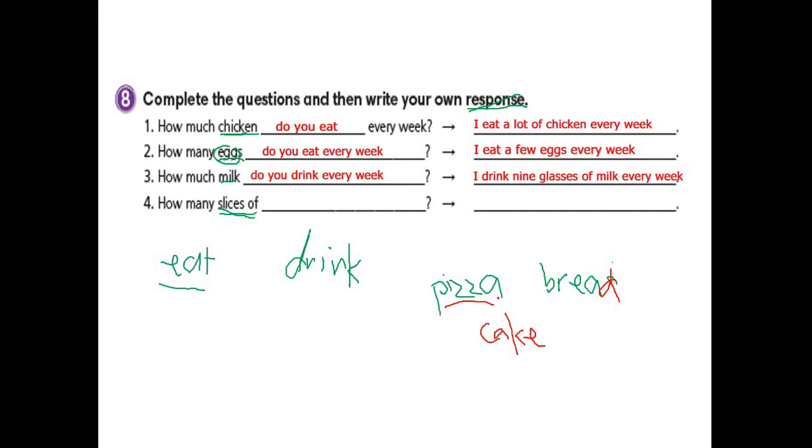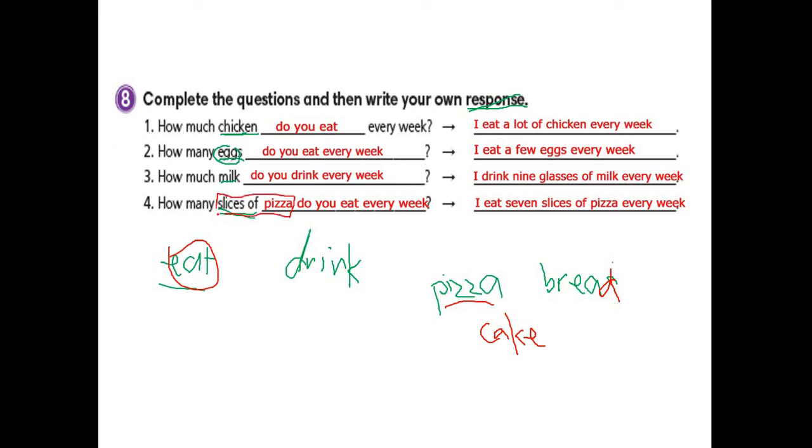Alright, so how many slices of pizza do you eat? Again, we will eat it, we cannot drink it. And your answer can be, I eat 7 slices of pizza every week. Again, you will use how many, because slices of pizza can be countable.